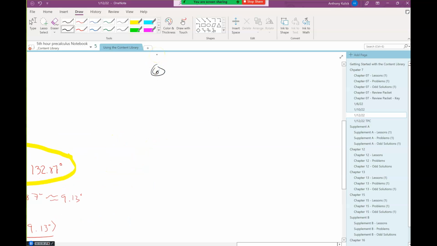So the directions on 6 ask us to determine whether there's 0, 1, or 2 triangles possible. So I'm going to start by drawing a picture and looking at the situation.